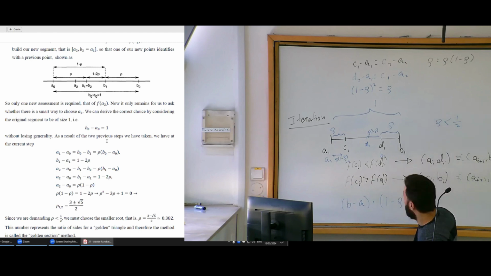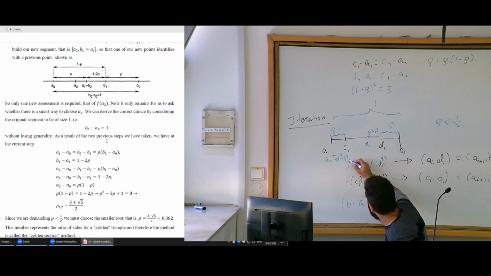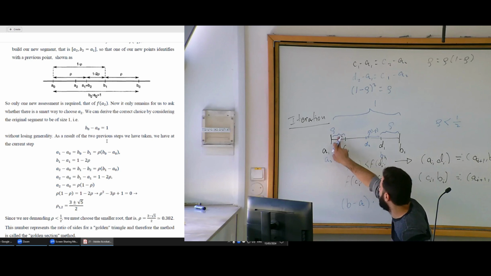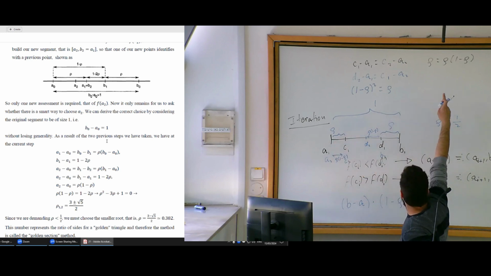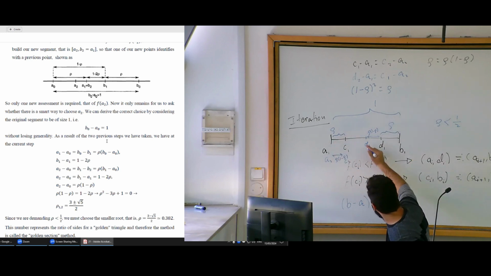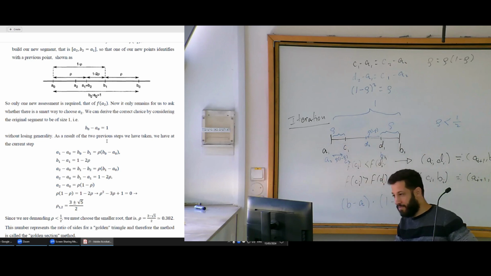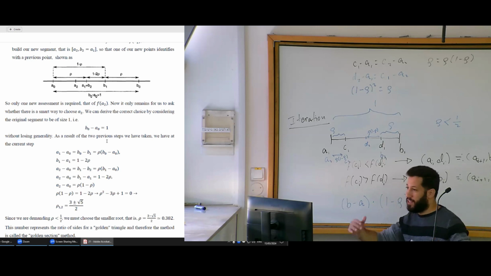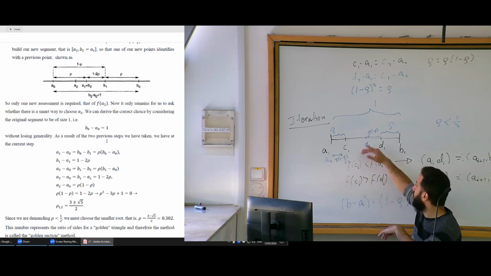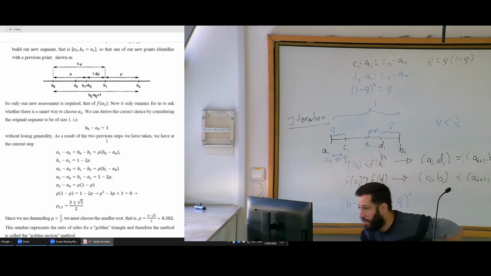So I will not take it. And it is obvious that the C2 cannot be the C1, because the C2 is rho multiplied by 1 minus rho, and the C1 is rho. But it can be that the D2 is equal to C1. Okay. Thank you. So the D2 will be the C1.